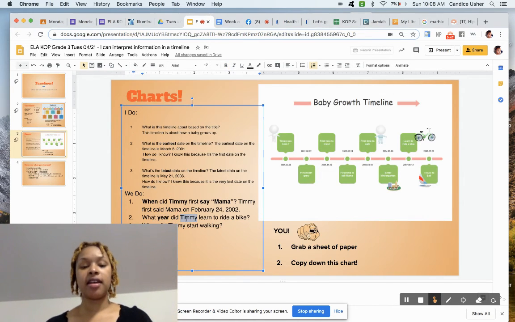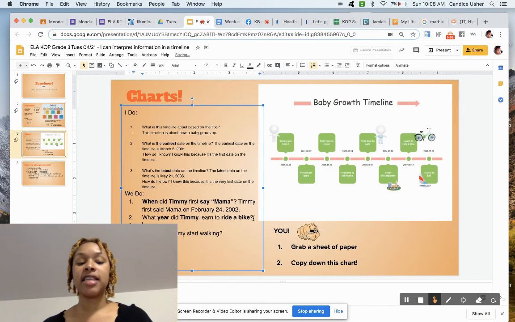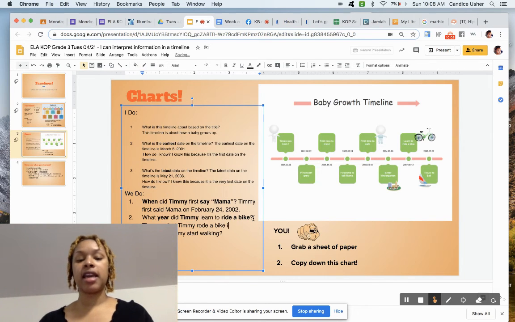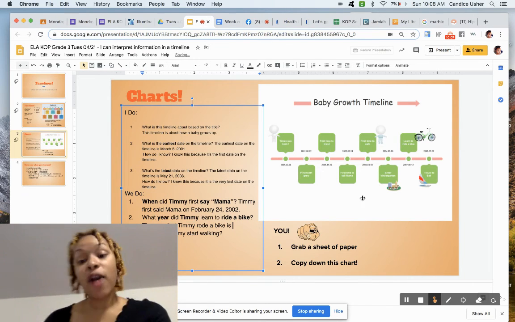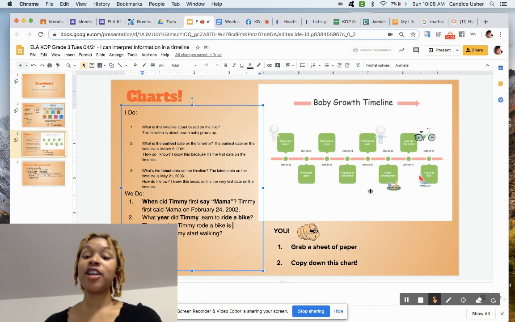Number two, what year did Timmy learn to ride a bike? So I'm looking for the year, only the year. Timmy, these are my keywords, rode a bike. All right, let's see. The year that Timmy rode a bike is, ooh, I don't even need to look for the keywords because guess what?